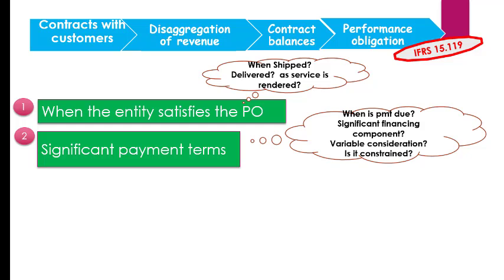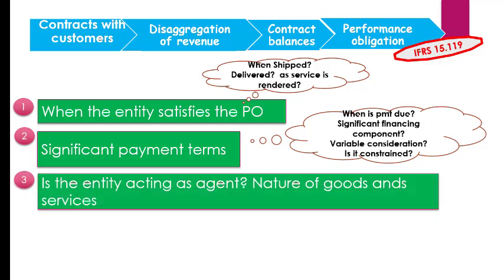Another aspect that they want disclosed in terms of performance obligations is the nature of the goods or services that are transferred, right? What is this? It's a good or it's a service. But more detail is now added in this paragraph of the statement, which is, are you facilitating this transfer of revenue as an agent?